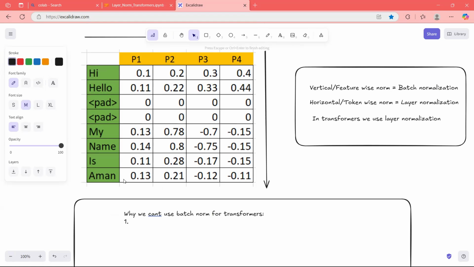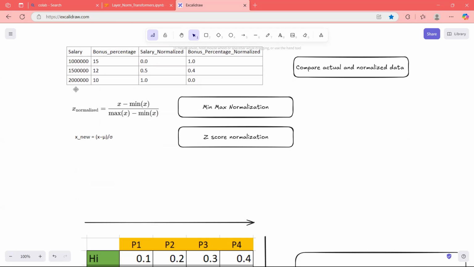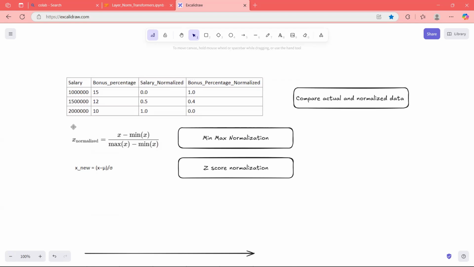here if you see, it is adding some padding. The system is adding padding because it wants to make the size the same, and due to this padding there are zeros getting added. Now imagine in this data there are some three or four zeros that get added unnecessarily. What will happen is your entire normalization will get screwed up. Zero is basically no information.